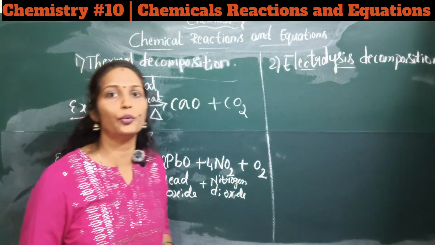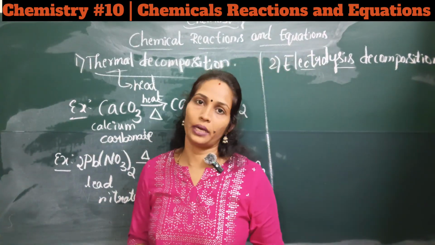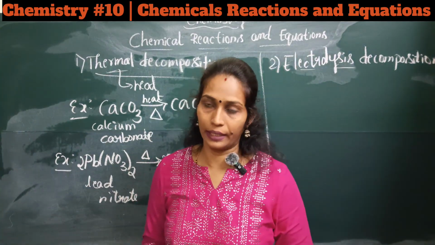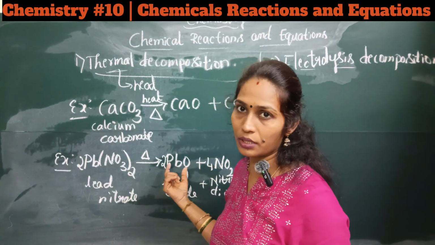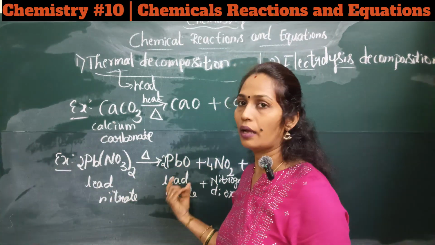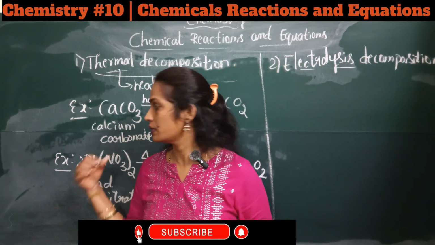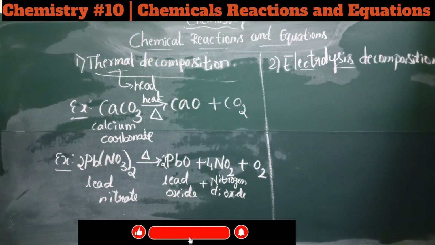They'll give you an equation. Write down an equation. What are the products obtained when lead nitrate is heated? So you should mention this. When lead nitrate is heated, lead oxide and the oxides of nitrogen and oxygen are formed. This is one example.